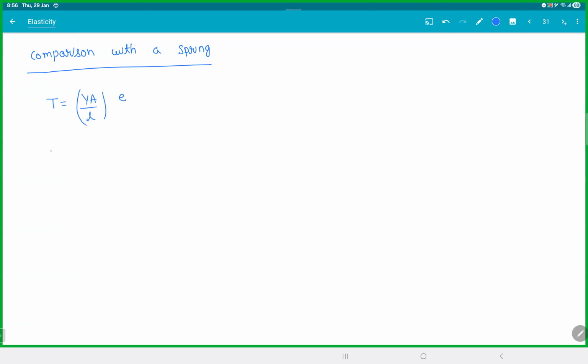You can clearly see this is looking like F is equal to K x. And if you look at your elastic potential energy, which is half into Y A by L into e square, this looks like half K x square.